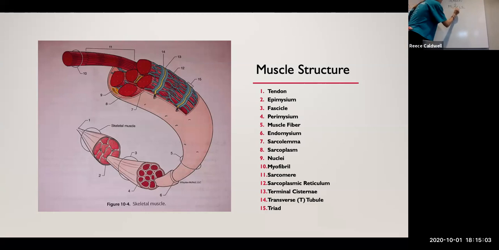So inside the muscle, we have our fascicles. Inside the fascicles, we have our muscle fibers, aka our muscle cells.